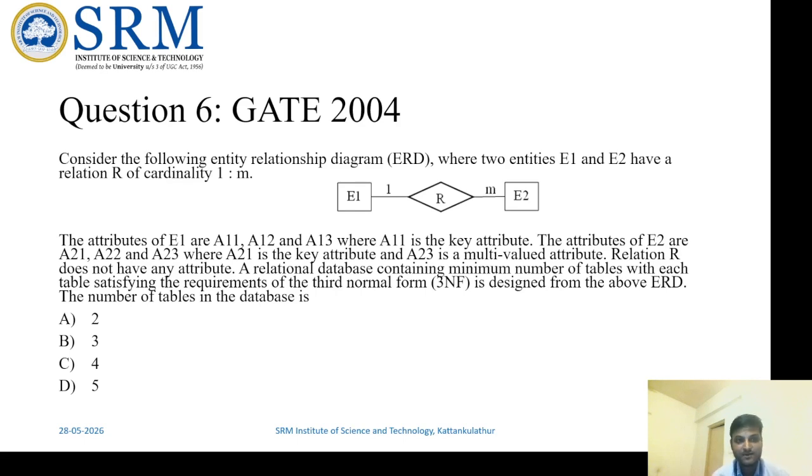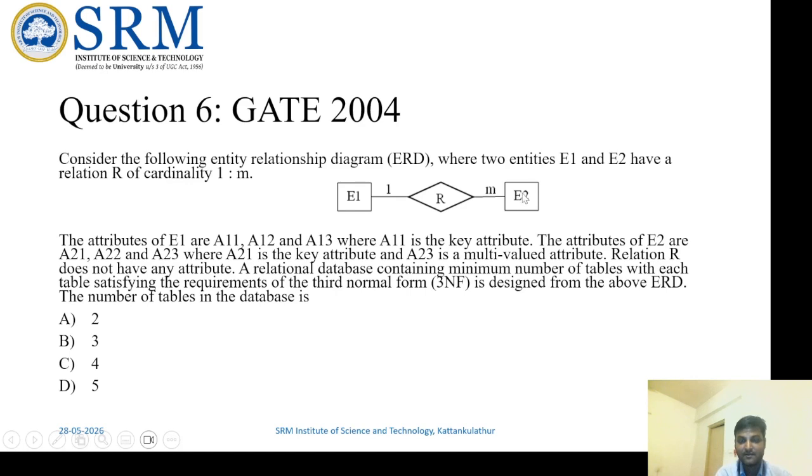Now the next question is that there is an ER diagram where two entities are there, E1 and E2. One relationship is there as shown in the figure, that is R. The cardinality is 1 to M from E1 to E2 under the relation R. The attributes of E1 are A11, A12, A13, where A11 is the key, and the attributes for E2 are A21, A22, A23, where A21 is the primary key.